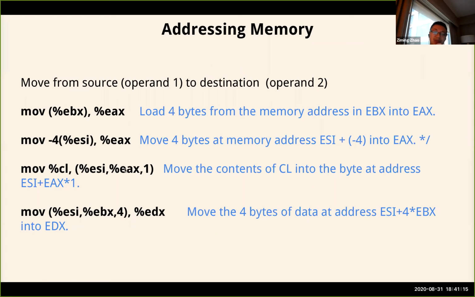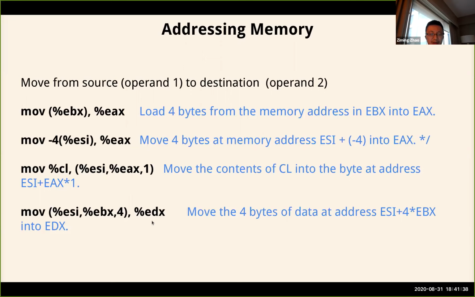This one could be the size of each item. For example, if the size of each item is 4 bytes, then we can put 4 in EAX, and ESI will hold the beginning address of the array. So this instruction, obviously, if we put a loop around it, supports some kind of array operation.